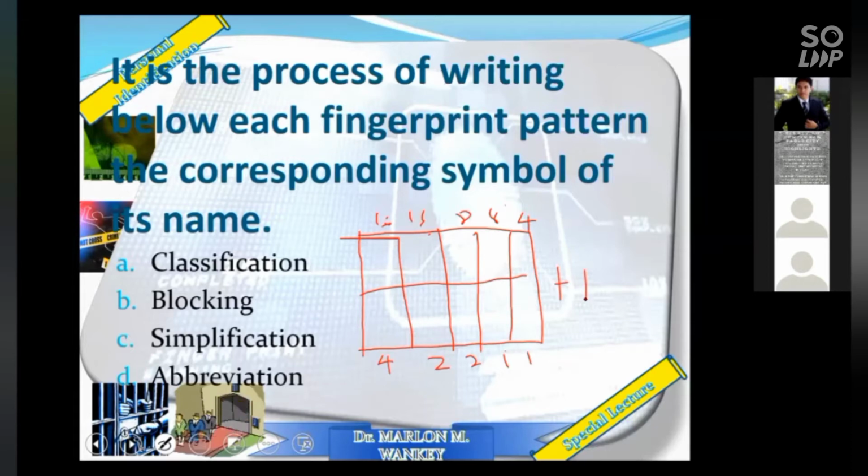So you need to identify if that is a right hand and that is the symbol, so therefore it is radial. And then if this is a left hand, if that is a symbol, again, that is also a radial. So what we are doing is placing the symbols, the figures. So the first thing that you must do is you will do blocking. Okay? Ang tawag natin is to block the table.